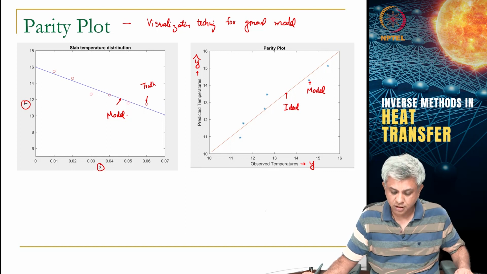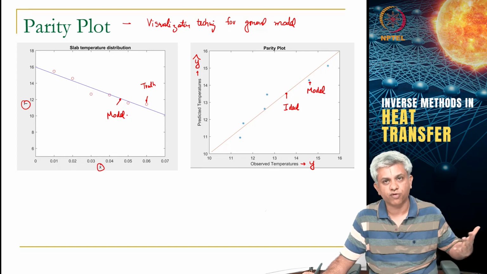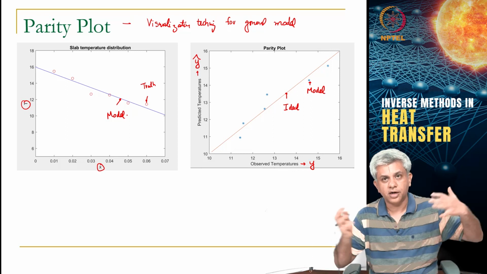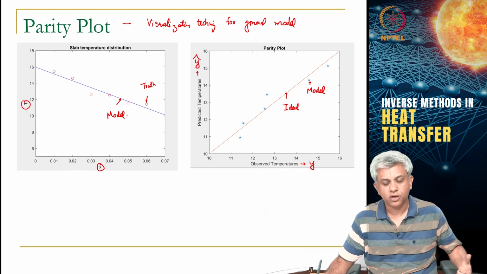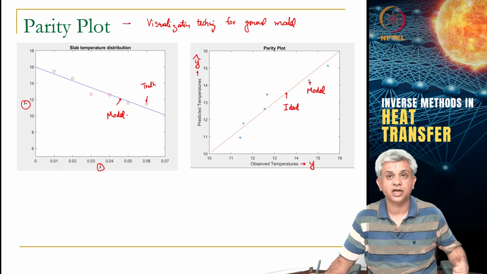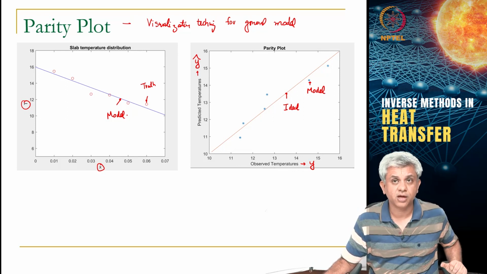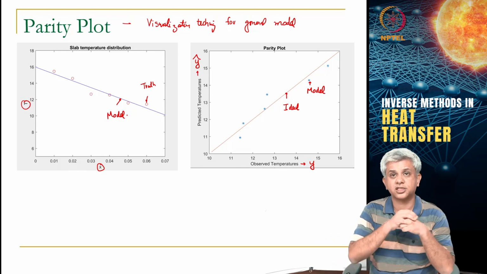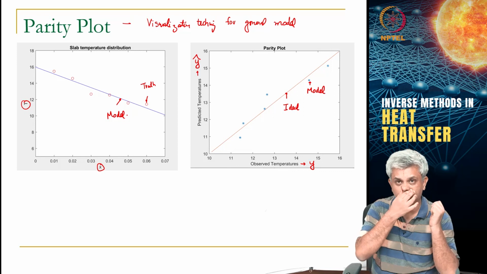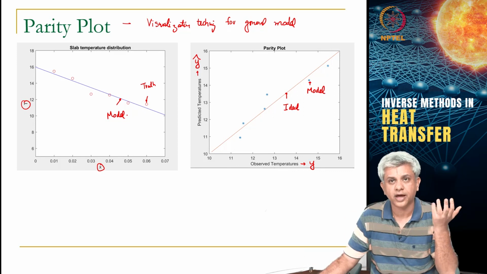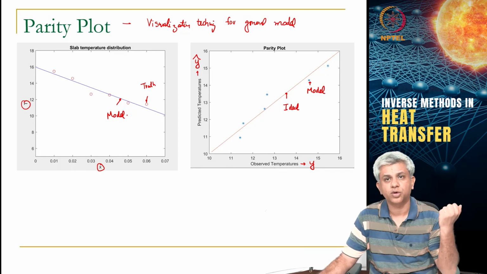So, in this case the ideal is a 45-degree line, and the model, depending on how far it goes from here, you can then start identifying things that are really far off and start examining whether your sensors are working properly or whether their accuracies are desirable or not. And in case it looks like you have given equal weightage to lines which you shouldn't have given equal weightage to, we will come to weighted least squares.